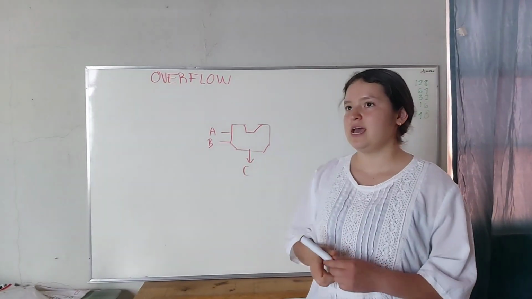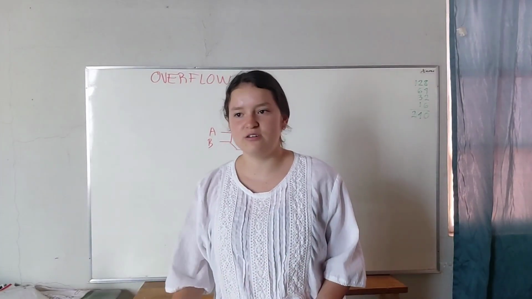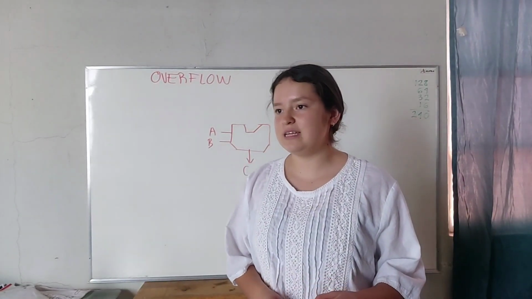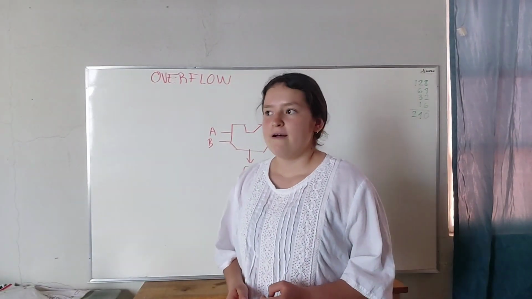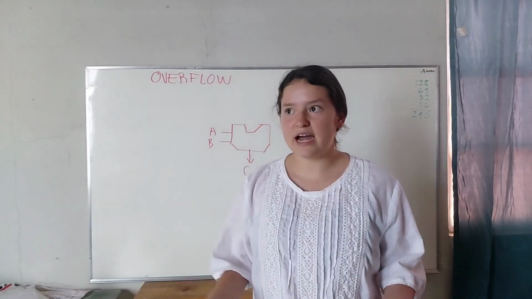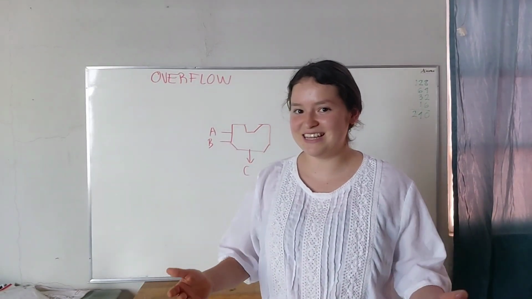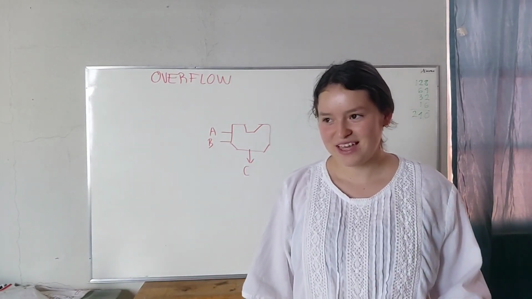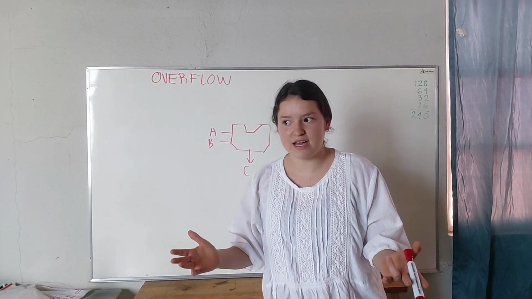Those flags could be zero, telling me if the quantity is zero, or parity, if the number of zeros is odd or even, a carry, or an overflow, which is the topic of this video. Overflow is a really important flag.